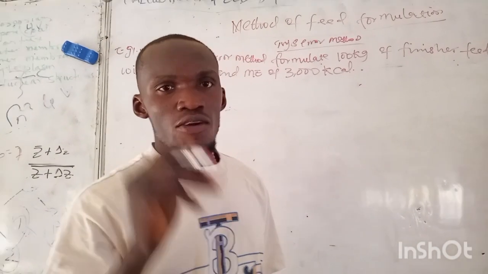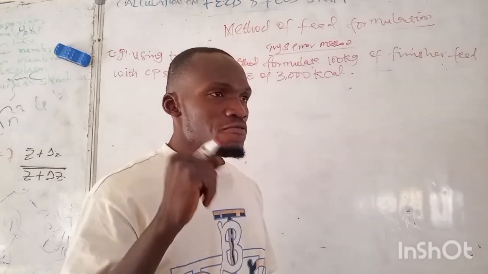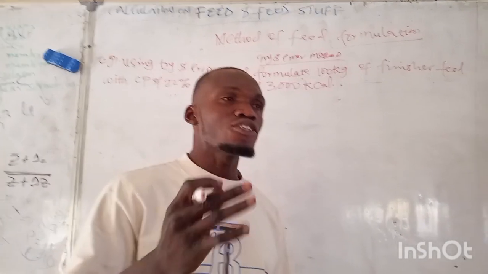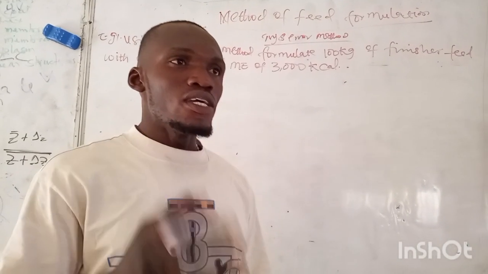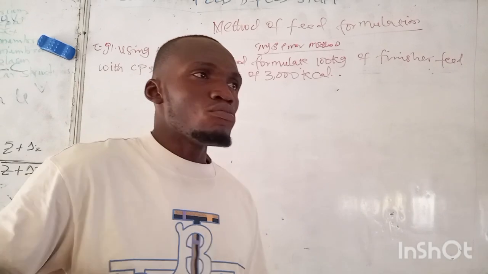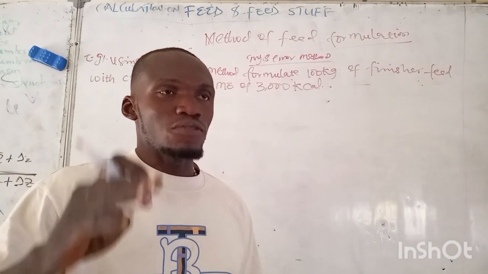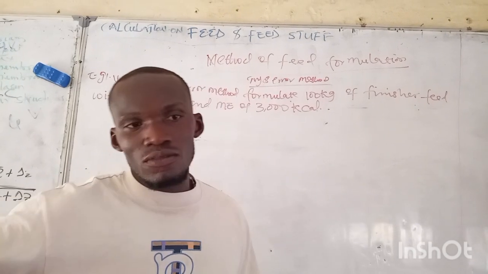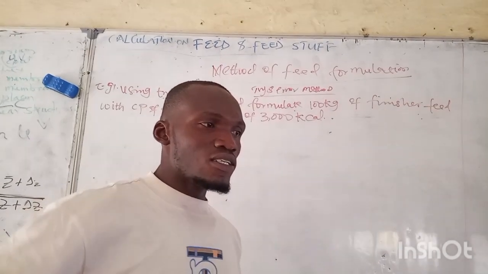Reason being that fish meal and bone meal contain high calcium and phosphorus. And when there is too much calcium and phosphorus in a feed, it causes what is called kidney stone. It will make the animals sick.